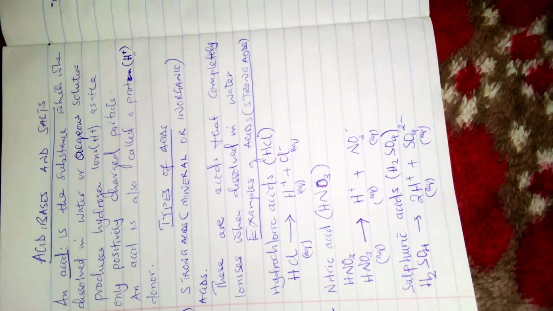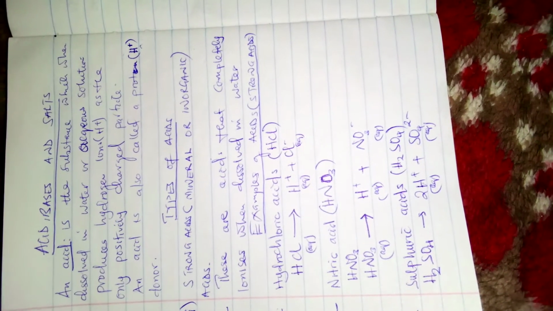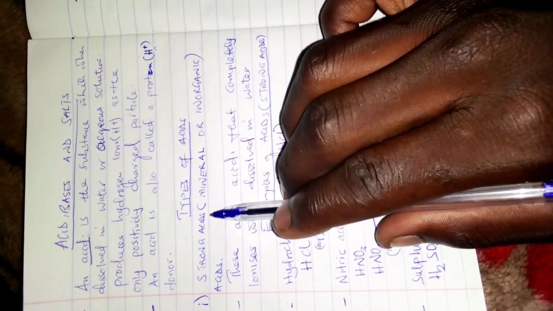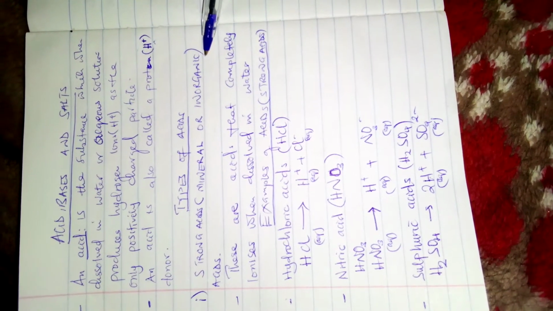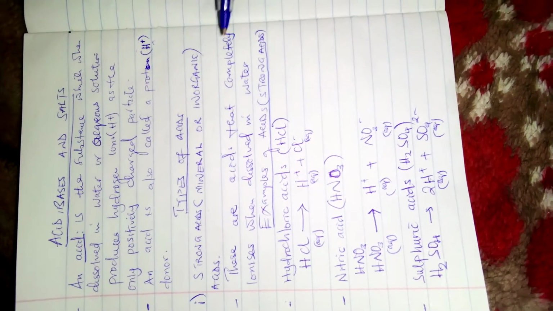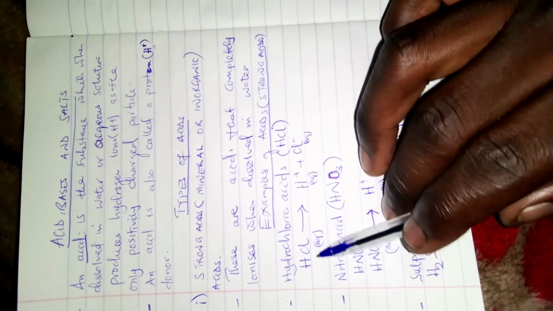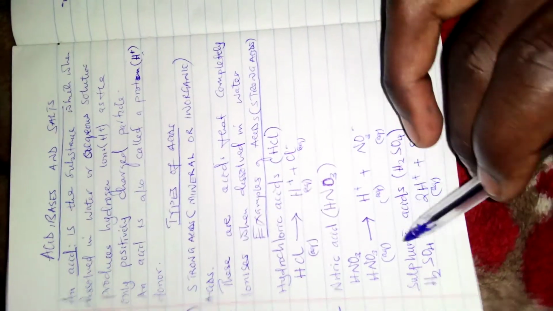Now, types of acids. We have two types of acids. The first one is strong acids, and the other name for strong acids is mineral or inorganic acids. Now, what are these acids? Strong acids are acids like hydrochloric acid, nitric acid, sulfuric acid.